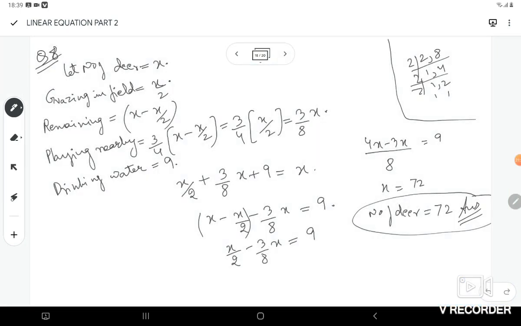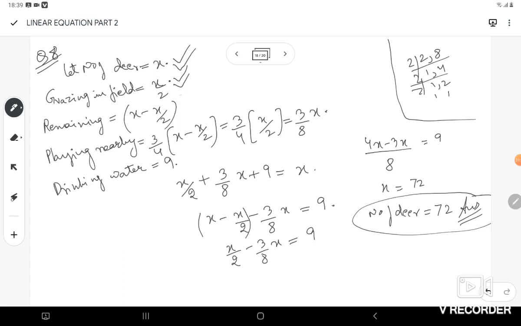Now moving on to another word problem. It says half of the herd of deers are grazing in the field. So let the number of deers be equal to x and half of the deer, so x by 2, are grazing in the field and 3/4 of the remaining are playing nearby.